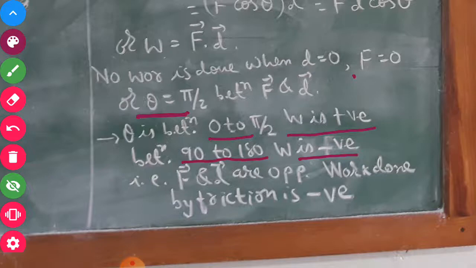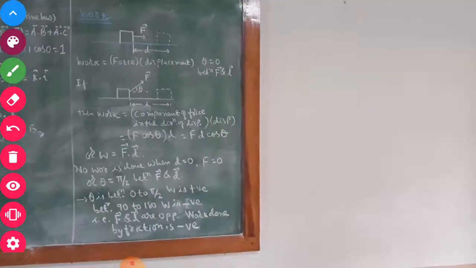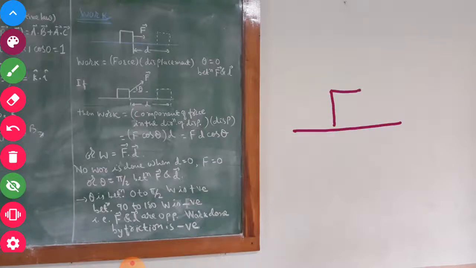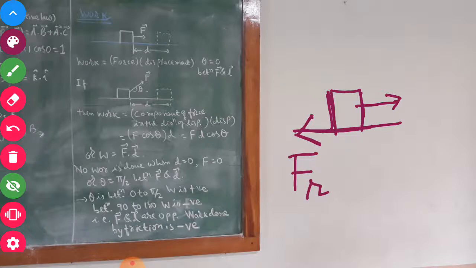Now when you try to understand this, say force and displacement are opposite. You can understand this way: when the object is moving on the road in this particular direction, the displacement is in this direction. Now if you consider the frictional force, it will be opposite to this direction of motion. Then the frictional force and the displacement have an angle of 180 degrees between them, they are anti-parallel.